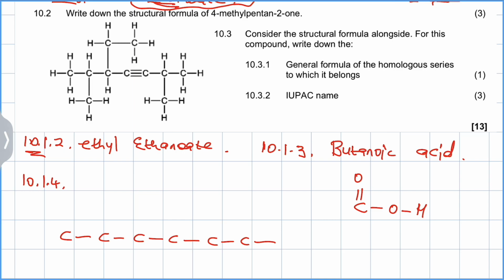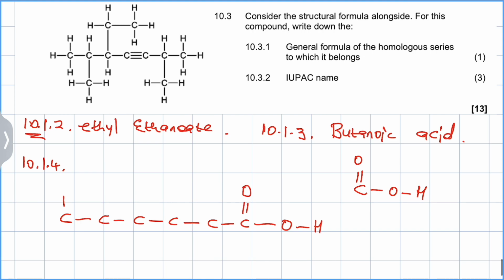Okay, so this one we have double bond O and connected to OH. And then you just fill in the remaining bonds with hydrogens. Okay, then we are done.